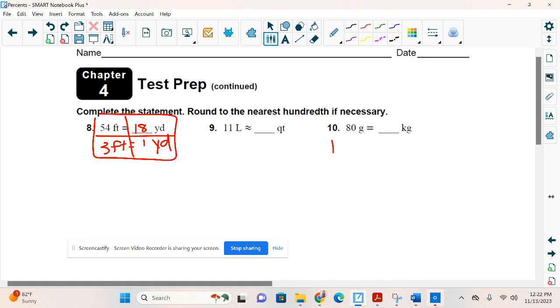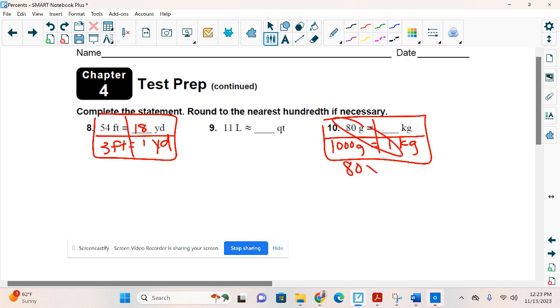If I told you that 1,000 grams equals 1 kilogram, how many does 80 grams equal? Set it up like a ratio box. Cross multiply: 80 times 1 divided by 1,000.